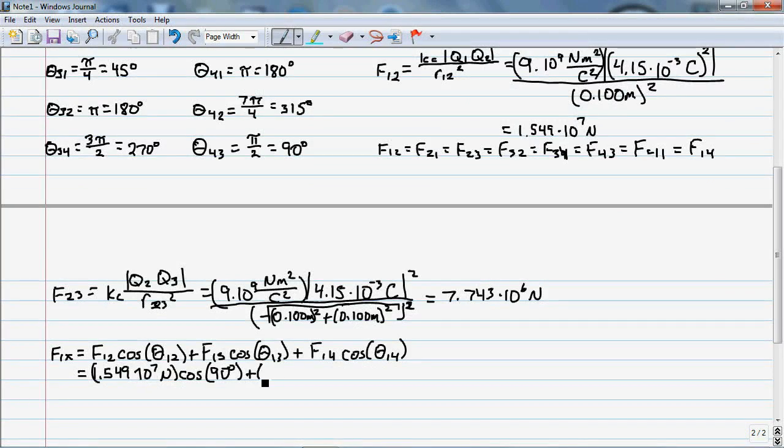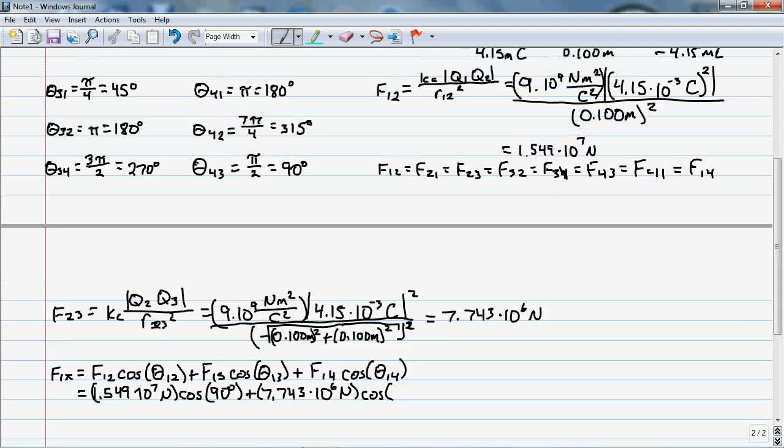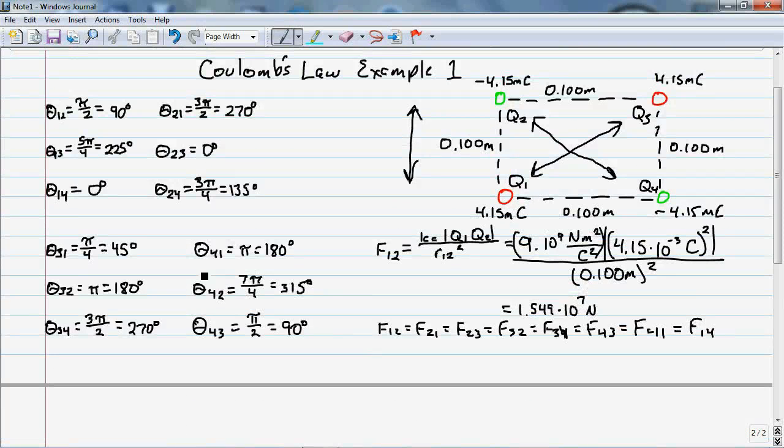Force 1,3 is going to be, I'm sorry, it's the diagonal, so it's 7.743 times 10 to the 6th newtons cosine, and we need angle 1,3. So angle 1,3 is 225 degrees.